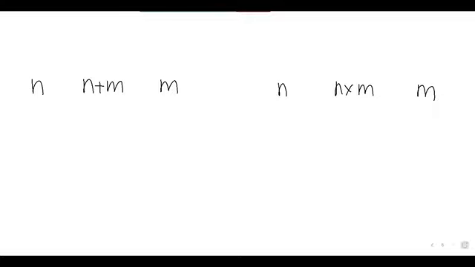So we're going to pick some random object k and look at the relationship between k and these other objects. Philosophically, you can think of this as how does k see what's going on in n, what's going on in m, and what's going on in n plus m. And k sees that by signals that it receives from n and m.